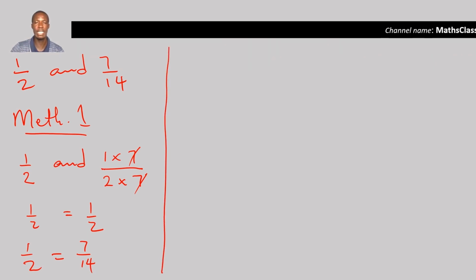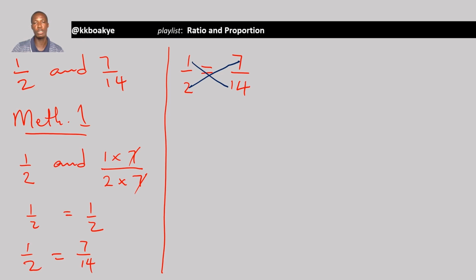Now the second method is for you to do cross multiplication. So 1 over 2, you will first of all equate them, and then you do cross multiplication. So 2 will multiply 7 and 1 will multiply 14.